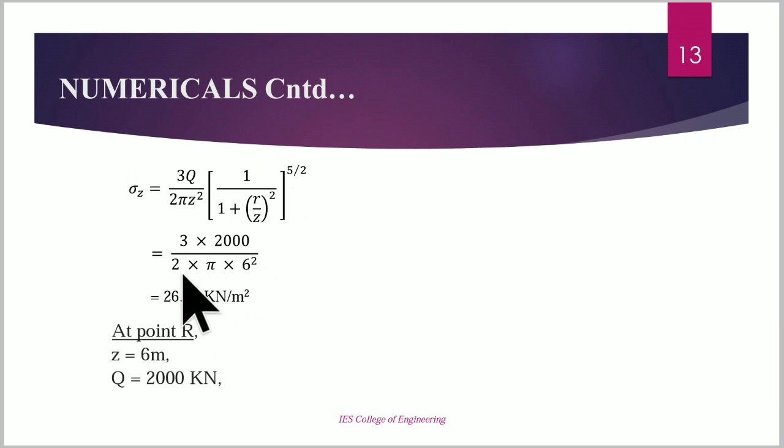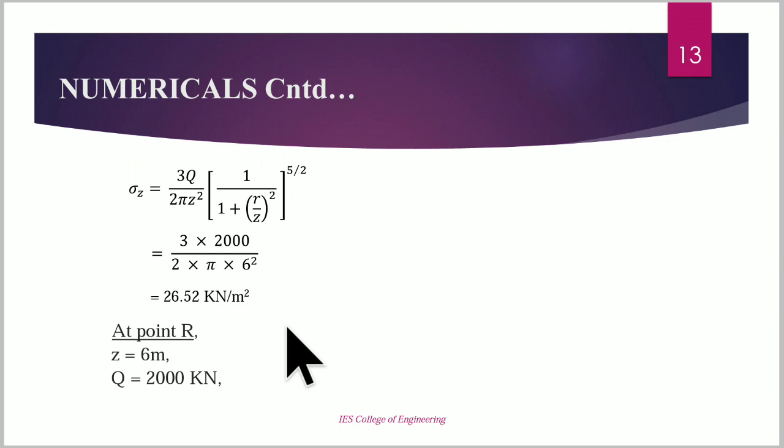The equation becomes 3 into 2000 by 2 into pi into 6 square, which is equal to 26.52 kilonewton per meter square.